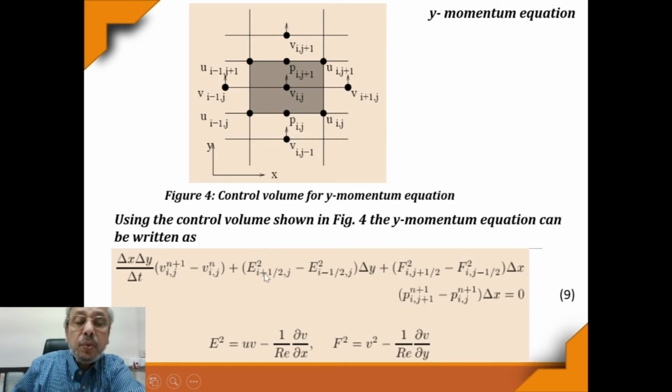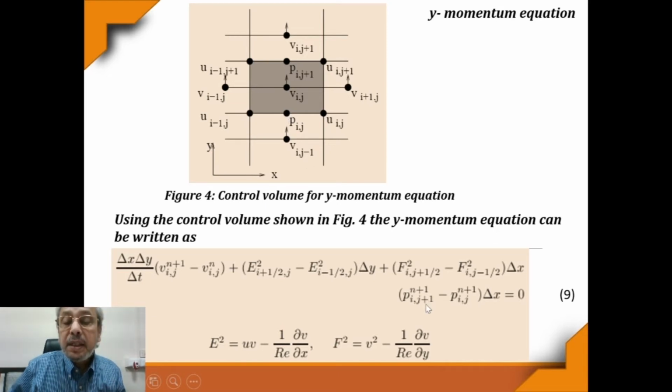Here E2 at i plus half j into delta y minus E2 at i minus half j into delta y plus F2 at i j plus half into delta x minus F2 at i j minus half into delta x, and the pressure gradient is P i j plus 1, which is defined here, minus P i j, which is defined here.